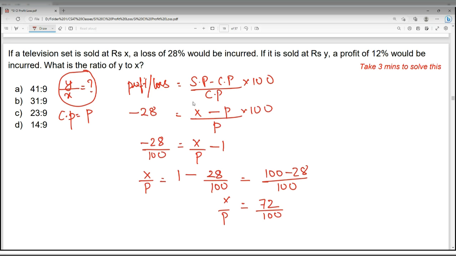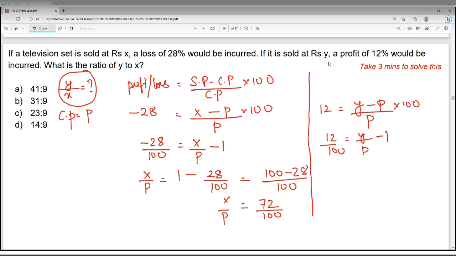And then if it was sold at rupees Y, a profit of 12% would be incurred. So I'll be using the same formula here, 12% is equal to selling price Y minus P divided by P into 100. This is 12 by 100 is equal to Y by P minus 1.